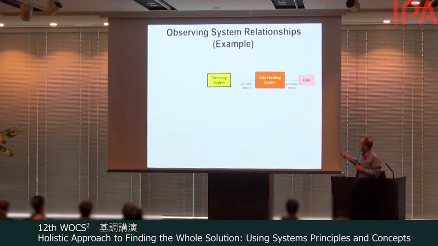They have observing systems that take measurements of environmental parameters and provide that data to some sort of system that will turn that data into information that's provided to users. So here are three different kinds of entities and two relationships.